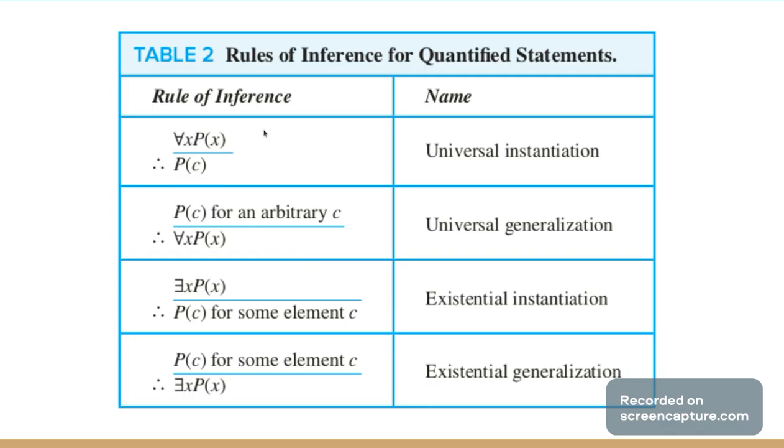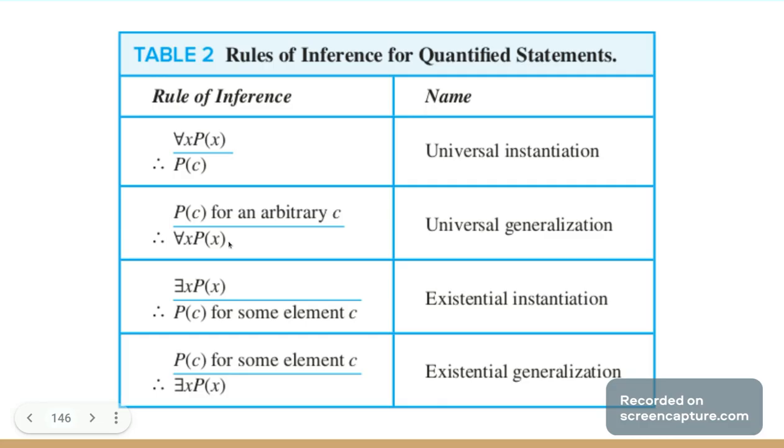And this is how the rules of inference look. For all x, P of x, we can conclude that P of C is true, for any C. Now, if any arbitrary P of C is true, then we can conclude for all x, P of x is true. This is universal generalization.